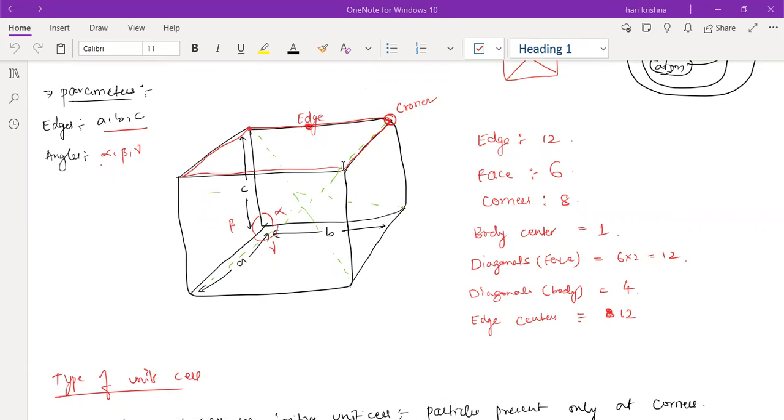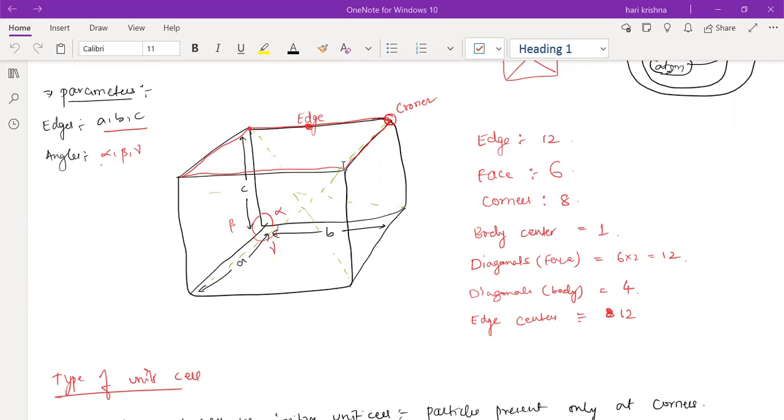In the same way, for body diagonals, instead of 12, you'll get only 4 body diagonals. Inside the body or inside the cube, we can draw only 4 body diagonals, and edges are 12, so we have a total of 12 edge centers, and the complete cube is only one body, so we have only one body center.